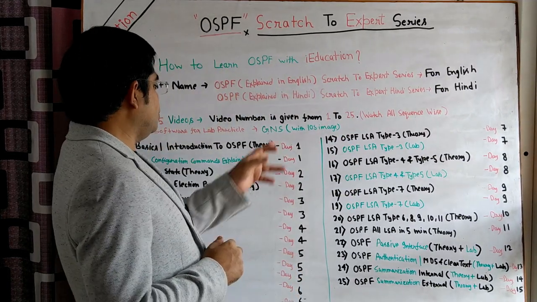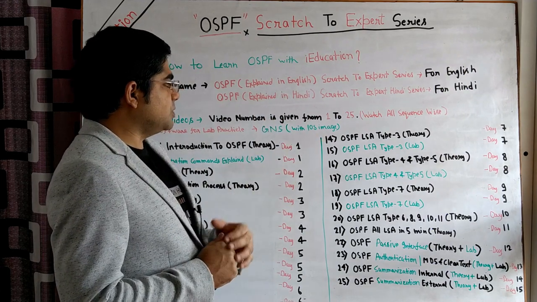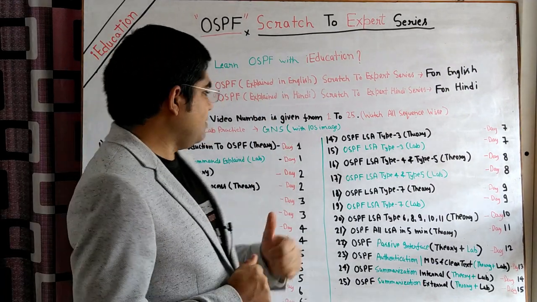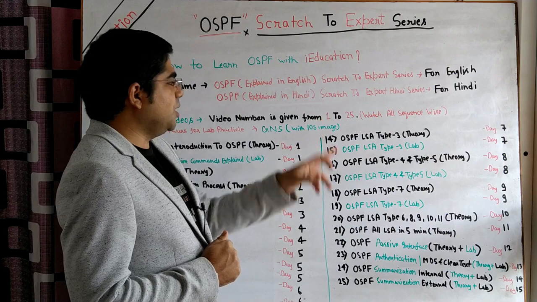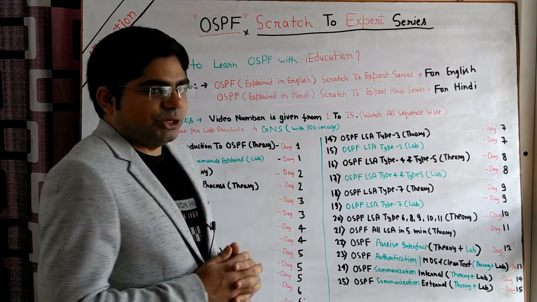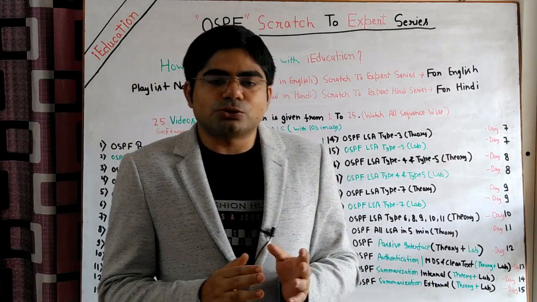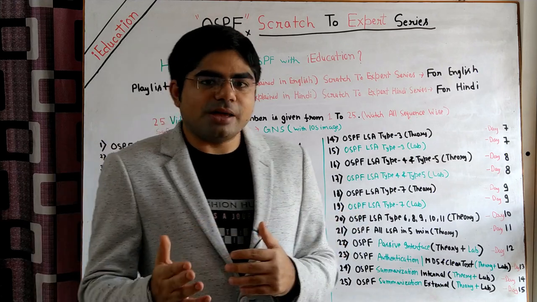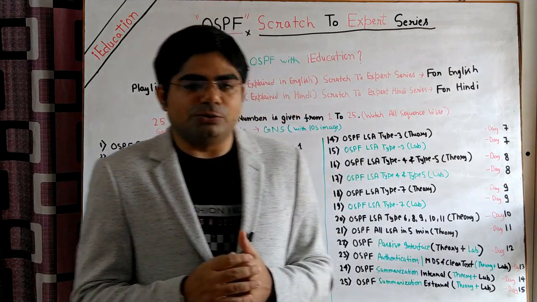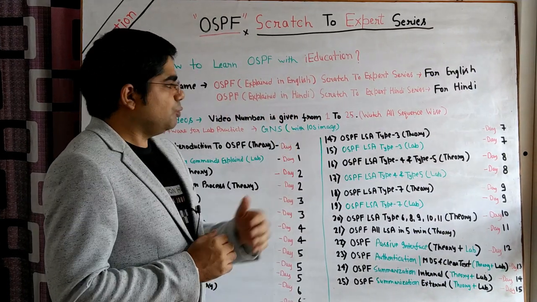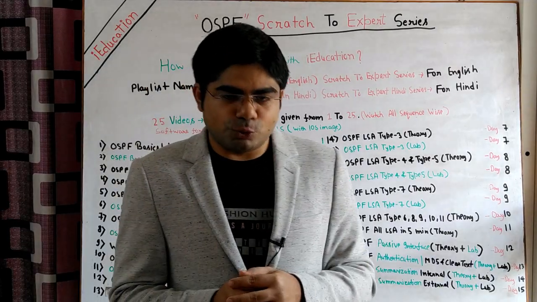Inside the playlist you will have a video sequence from number 1 to 25. All these videos are numbered sequentially, so you can start from 1 and go up to 25. After 25 videos you will have a clear knowledge of OSPF.